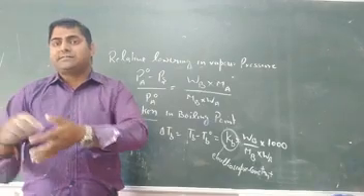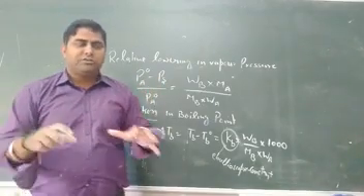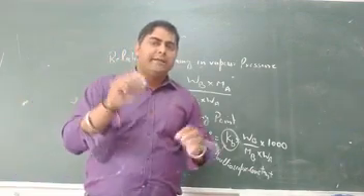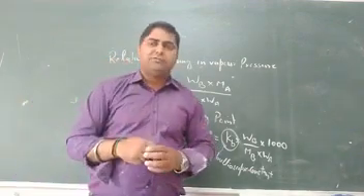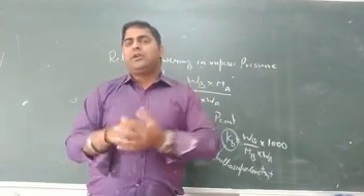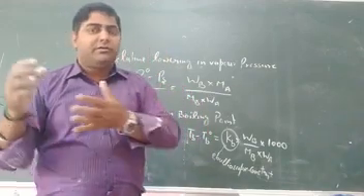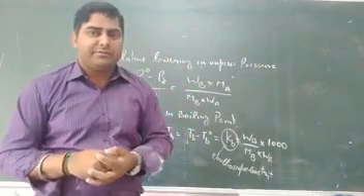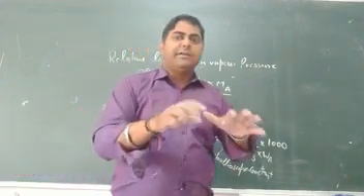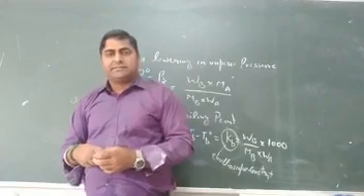It freezes faster as compared to the sugar solution. Now the question arises, why does the freezing point of the solution decrease? Because when a non-volatile solute, which does not form vapors, is added to the pure solvent, the freezing point decreases as the surface area of the solvent decreases.